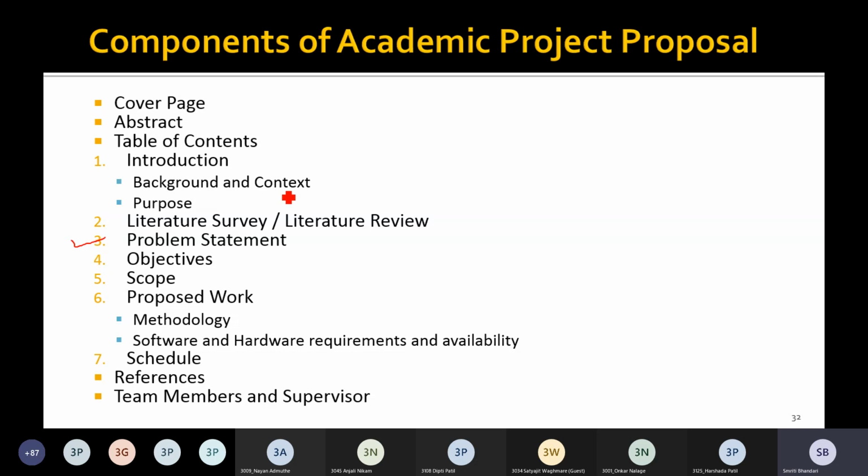So under problem statement, we have seen that we need to focus upon 4 important points. Ideal. Yes, correct. So we need to discuss about the ideal solution or the ideal thing that one expects, right? Then the next point that we need to focus is upon the reality.